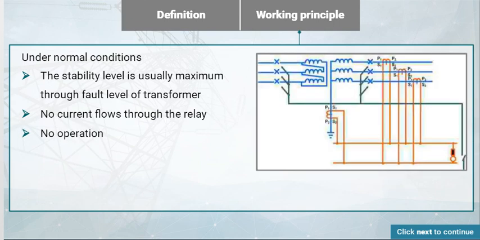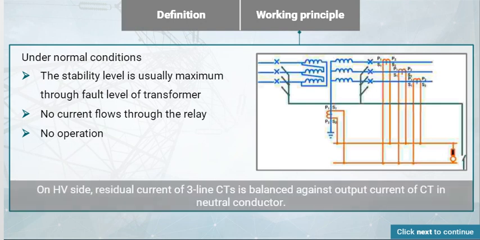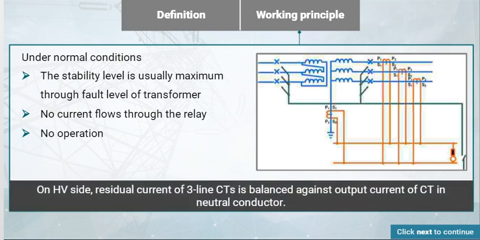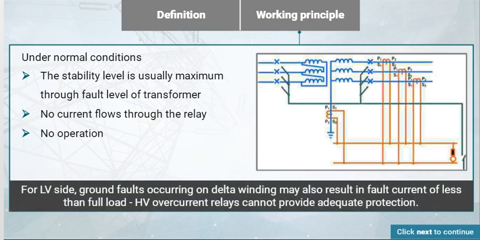Let's understand the diagram in detail. On the HV side, residual current of the 3 line CTs is balanced against the output current of the CT in the neutral conductor. For the LV side, ground faults occurring on the delta winding may also result in fault current of less than full load. HV overcurrent relays cannot provide adequate protection.